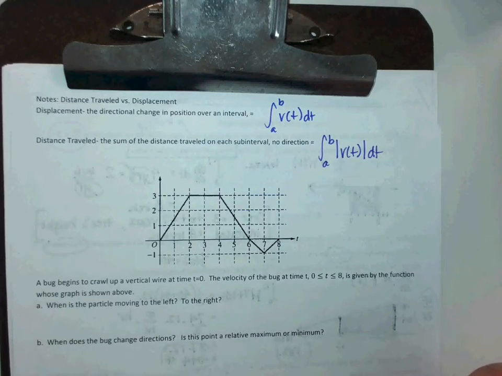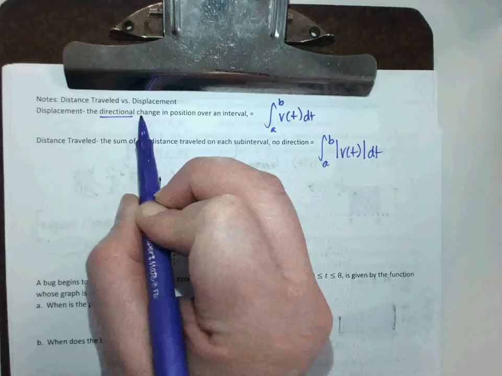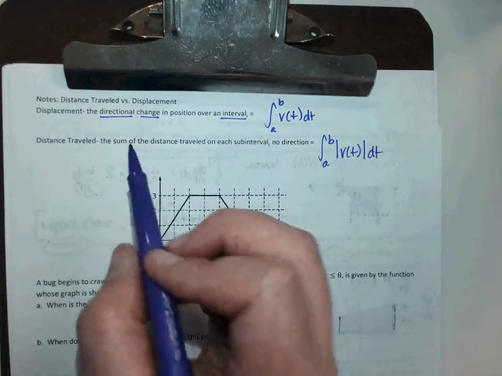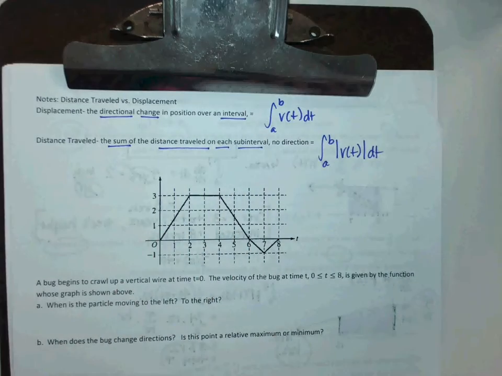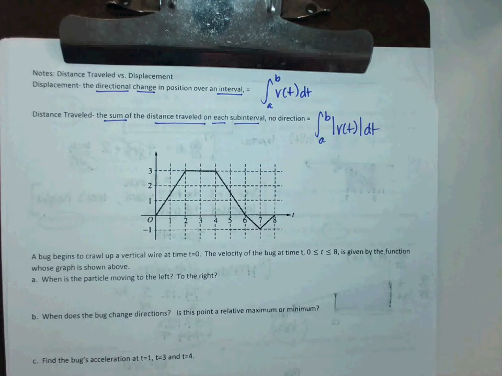So with a regular integral, your forwards and backwards can cancel each other out. So this is going to tell you the directional change in an interval. Versus distance traveled is the sum of the distance traveled on each subinterval. Okay? So this should not be hard as long as you pay attention. We got 2 examples, then you can work on your homework 3.